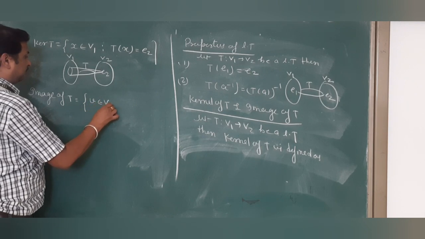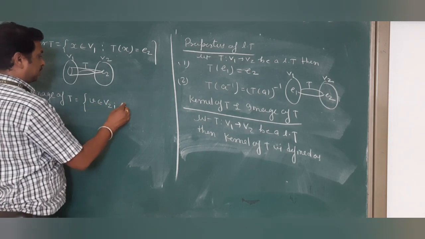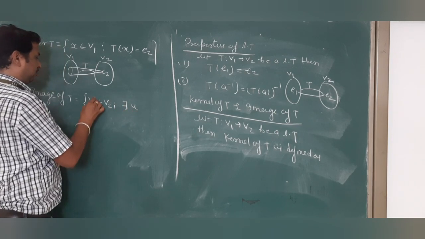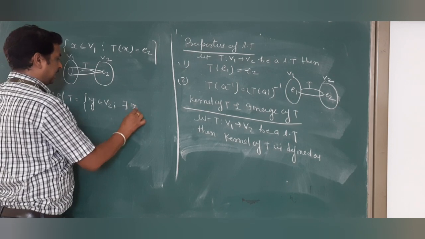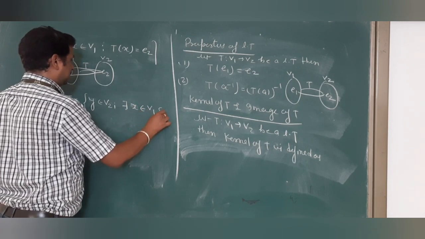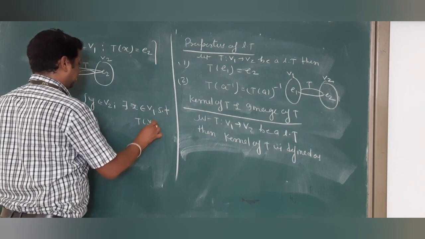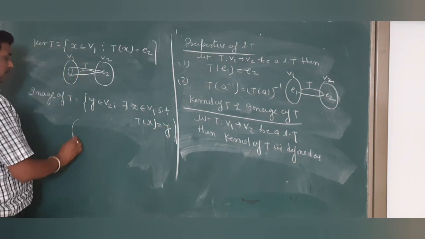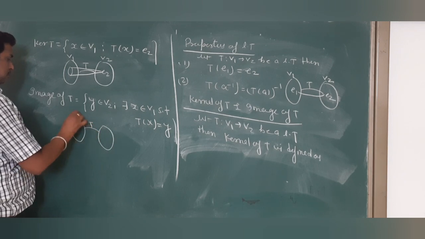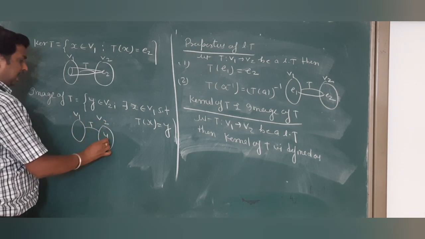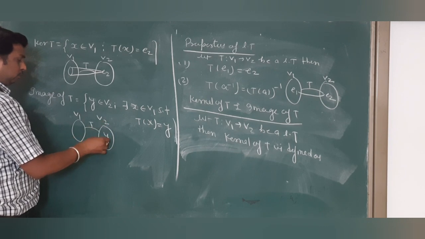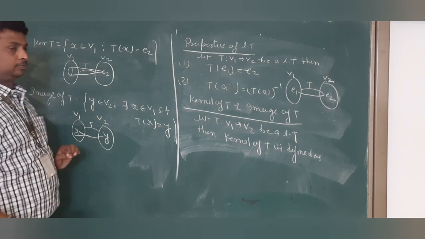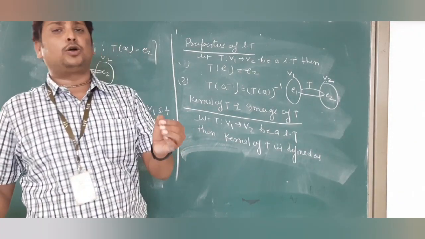Image of T is the set of y belonging to V2 such that there exists x belonging to V1 such that T of x is equal to y. Image means those elements y of V2 whose pre-image exists, that belongs to image of T.